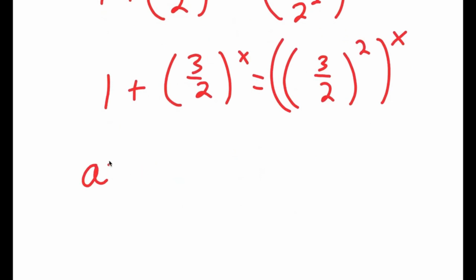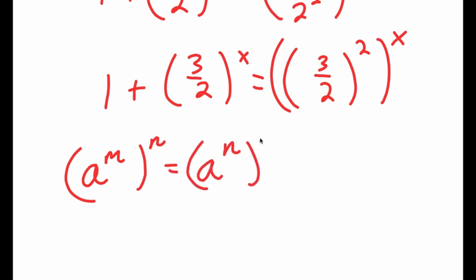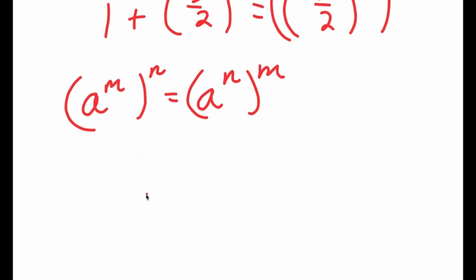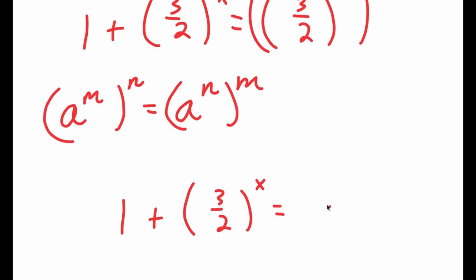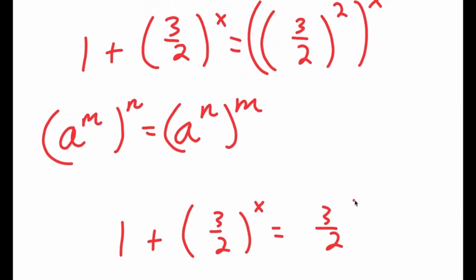And if I have something in the form a to the power of m over a to the power of n, this is the same thing as a over n to the power of m. So this can equal 1 plus 3 over 2 to the power of x, which is equal to 3 over 2 to the power of x to the power of 2.